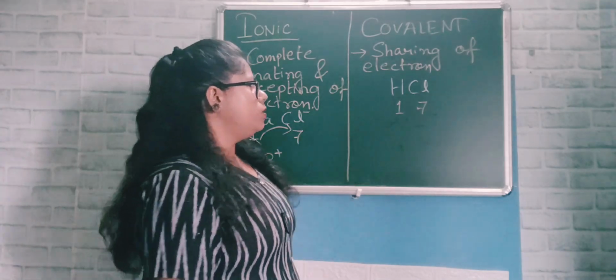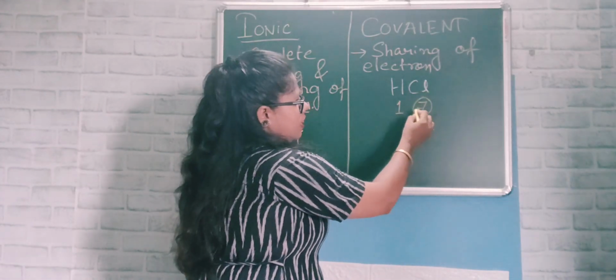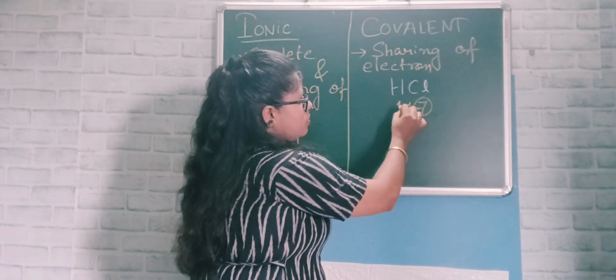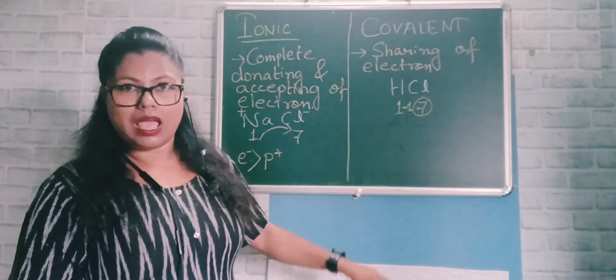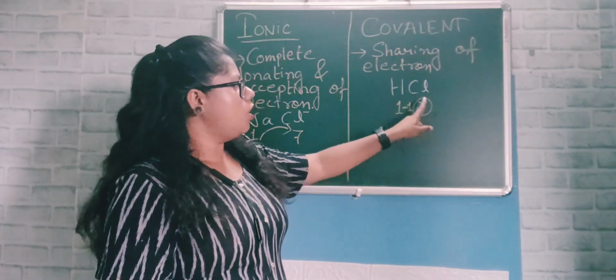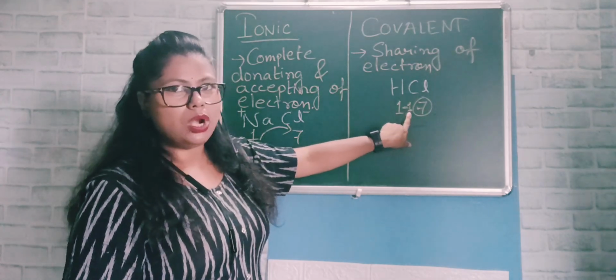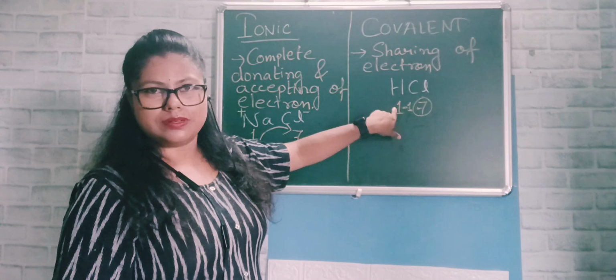So out of that 7 electrons, hydrogen will share its 1 electron with 1 electron of chlorine.